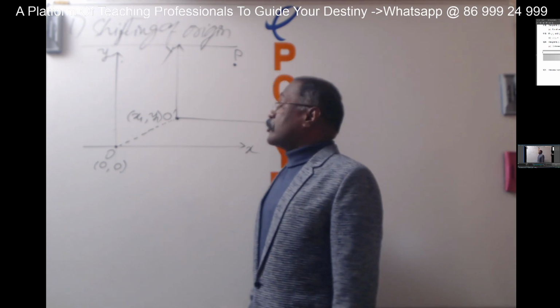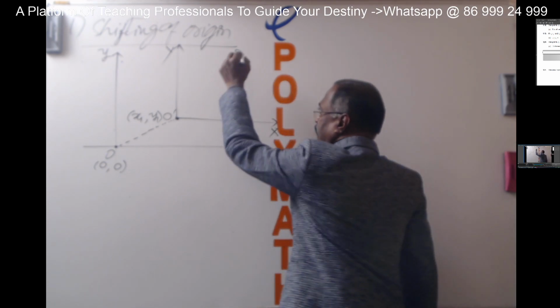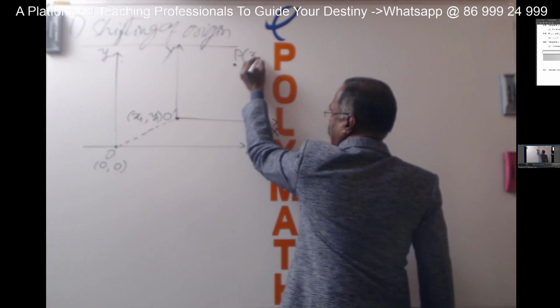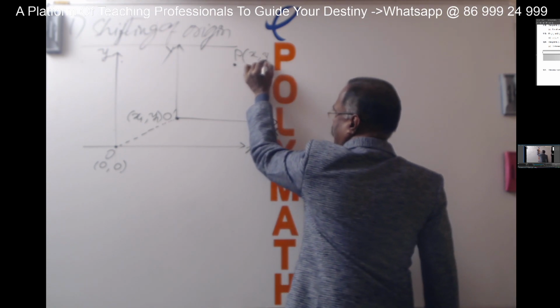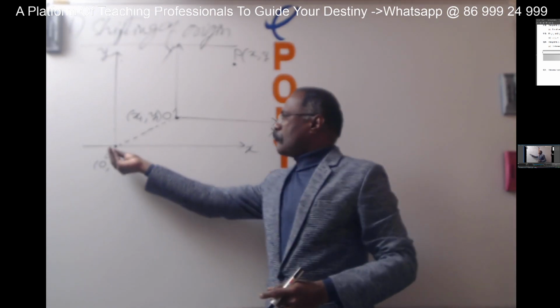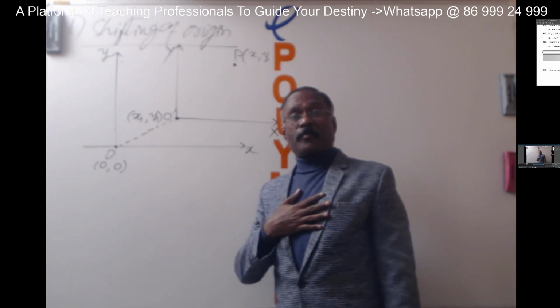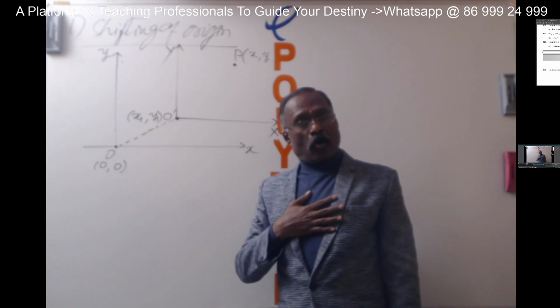This is what you have to understand. But now, what are we doing? Let me say this particular point P has coordinates small x, small y with respect to the original axis.